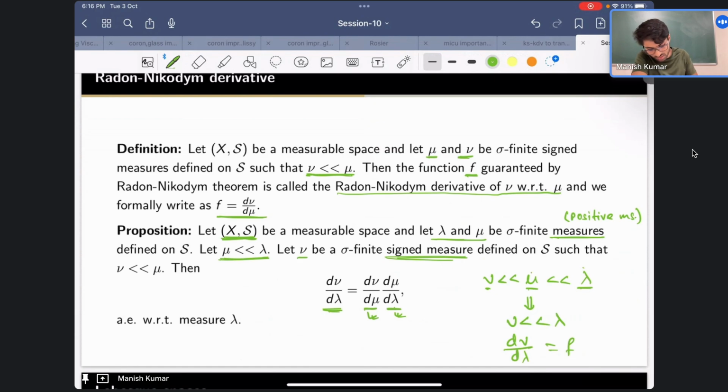The proposition says that if you have such a chain of absolute continuity, then d nu by d lambda is equal to d nu by d mu into d mu by d lambda.